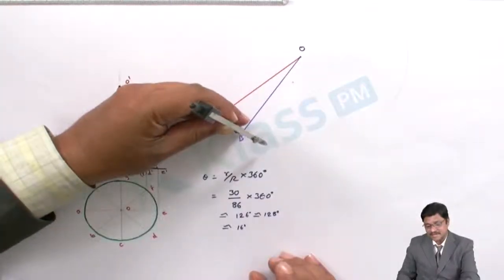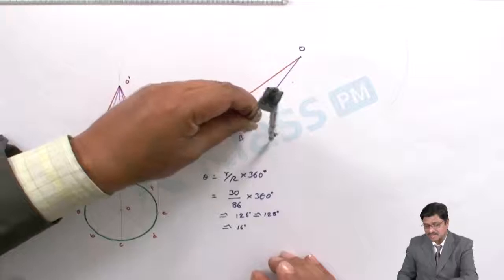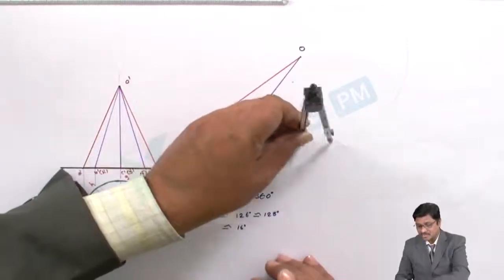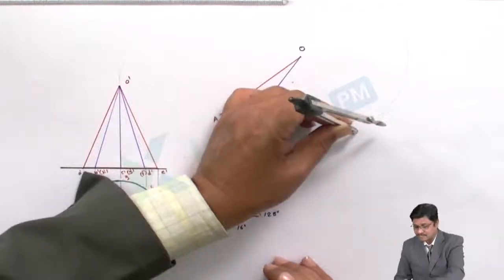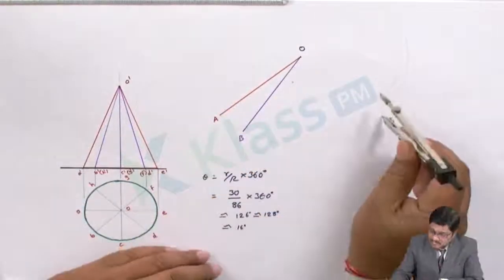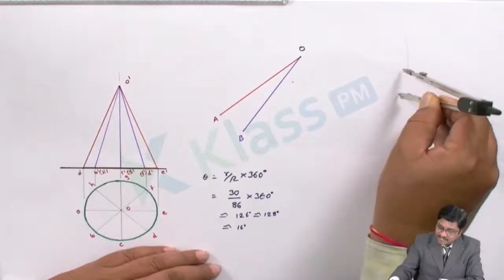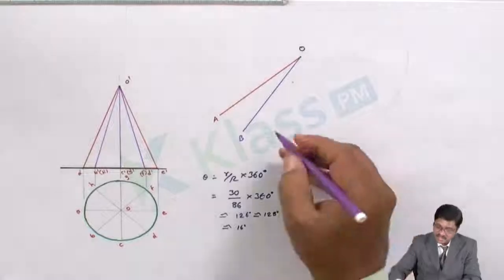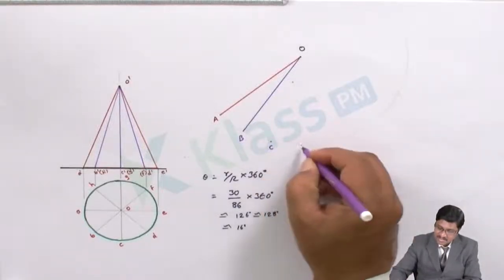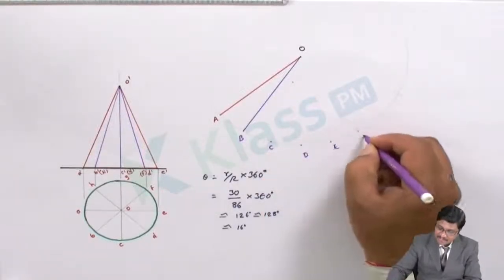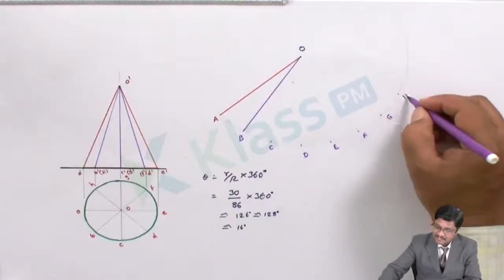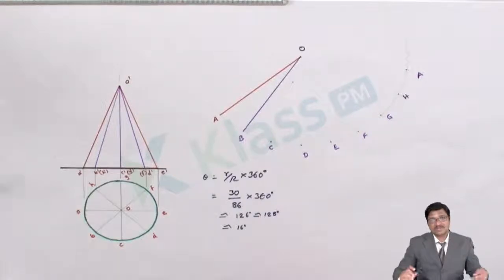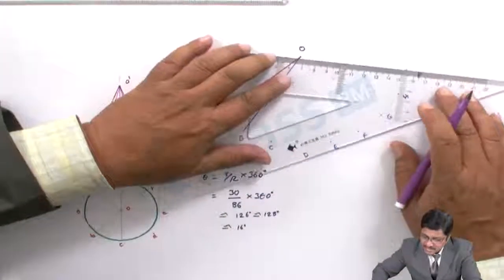Now I need 8 divisions. So one is over, this is the second one, next the third, fourth, fifth, sixth, seventh, and eighth. Like that, you have to proceed logically. Once the divisions are over, these are C, D, E, F, G, H, and again this is the closing point A. Once I have completed that, join all the radial lines with the help of the scale.